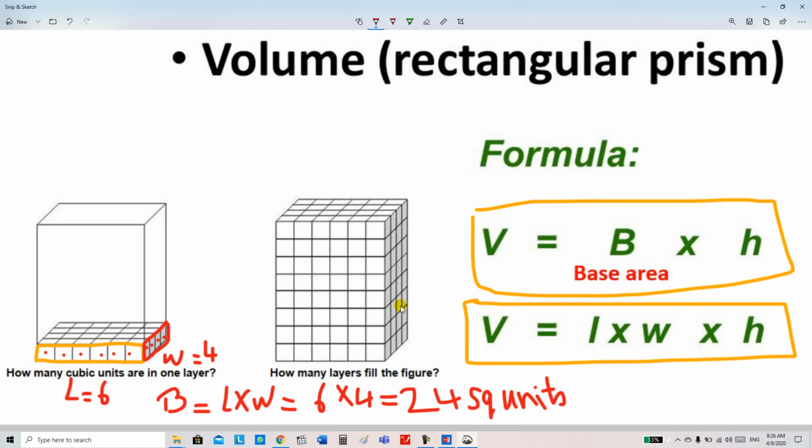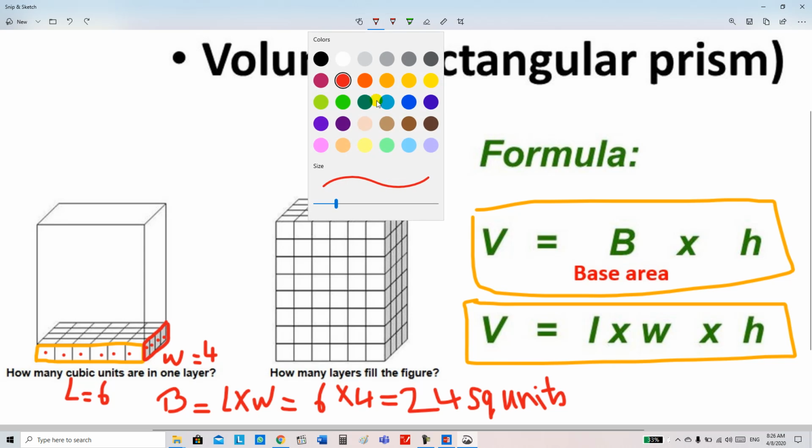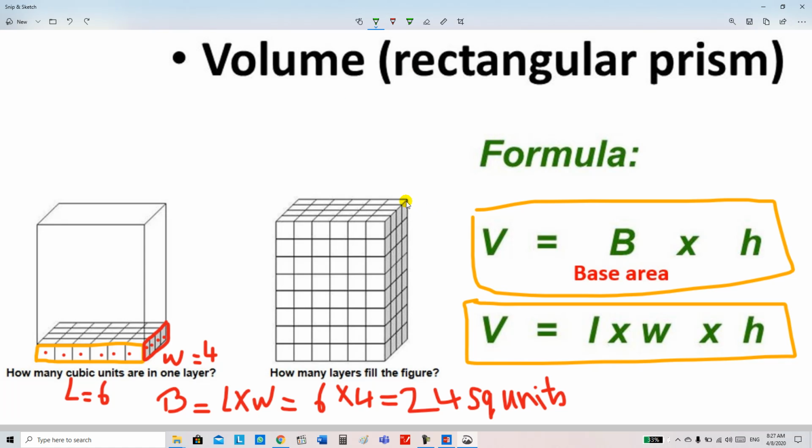So what is the height here? The height means the number of layers of this figure. So count the number of layers we have here. Let's change the color. So all this is the height.